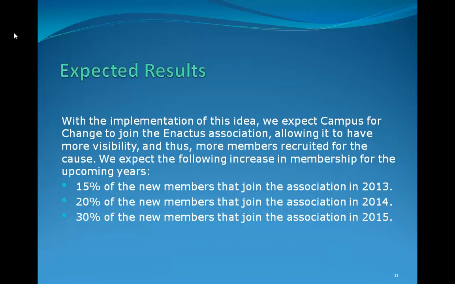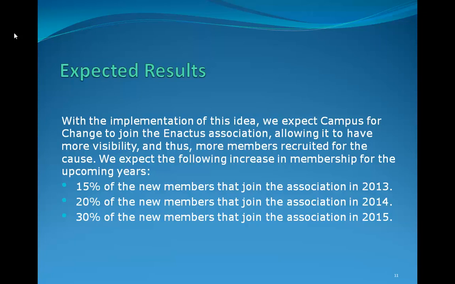As you could see from the previous slide, in which we defined the milestones and the action plan, the integration between Enactus and Campus for Change is going to take several months. Because of that, we have set several expected results for the upcoming years.